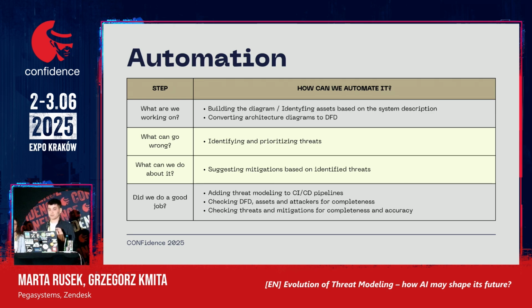We only tried to automate the 2 middle points, so identifying what can go wrong and prioritizing threats, but also suggesting mitigations based on those identified threats. Technically, you could also go further on and try to automate the first step, so building the diagram.